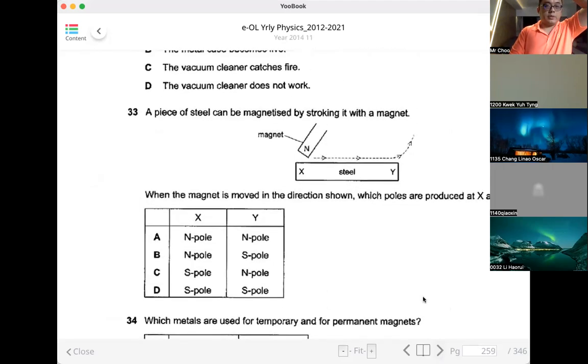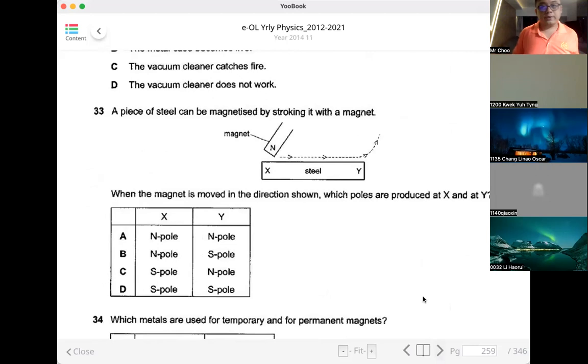Okay, do question number 33. Now can you all try? This one should be easy. If you have listened to what I said just now, you should be able to do this question.